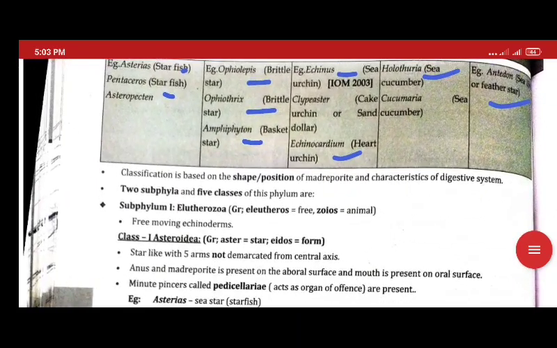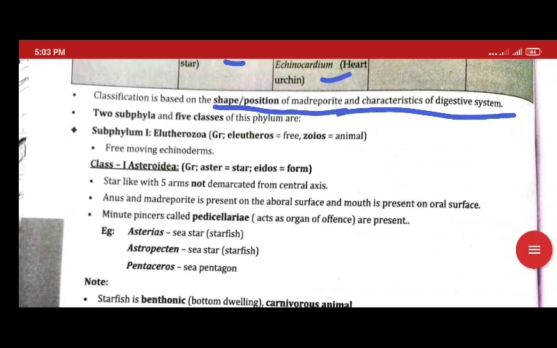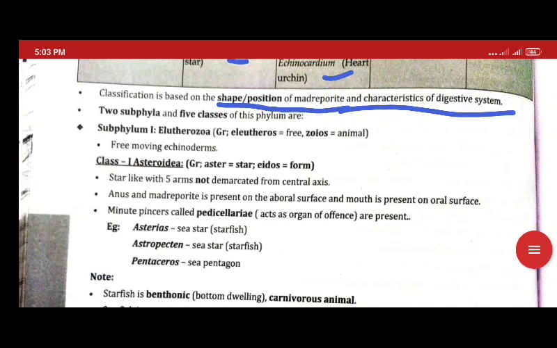Classification is based on shape, position of madreporite, and characteristics of the digestive system, and also the larval stage. There are 5 types of larva, so the classes are based on the larval form.